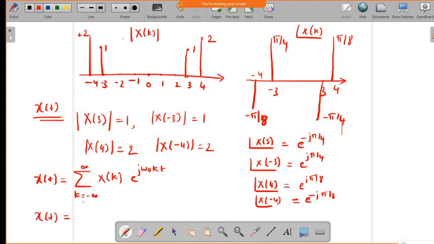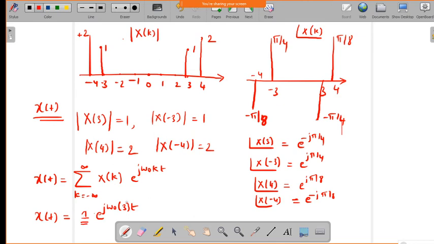So x of 3, we know that is 1 into e power j omega naught into 3 into t, because we are taking k as 3 here.